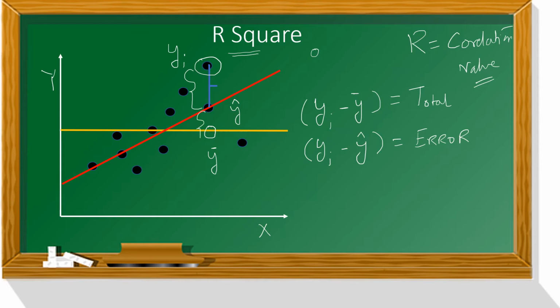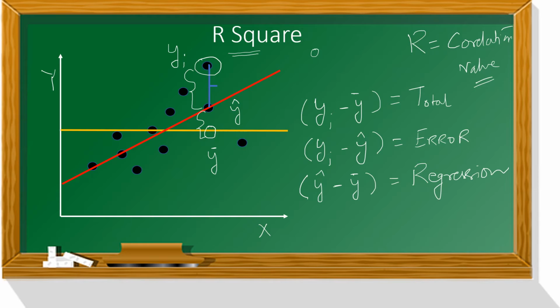And there is one more difference, the difference between the predicted value by the model and the mean value. Okay, this difference is due to regression, right?